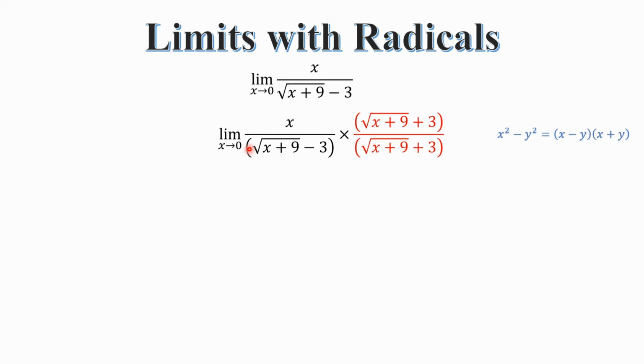The reason why we created conjugate pairs is because we want to go backwards to a difference of squares. If I wanted to go backwards to a difference of squares, I just have to take the first term and square it, the second term and square it, and put a minus sign in between.